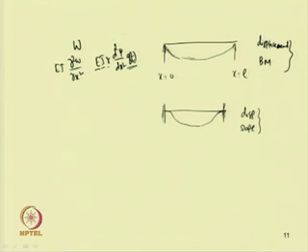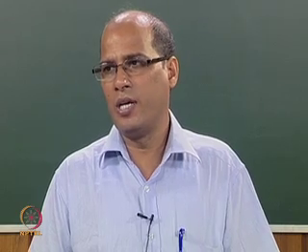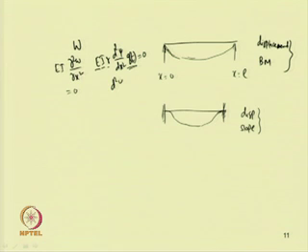For all times the bending moment will be equal to 0. So, one can write EI R d square psi by dx square into Q(t) equal to 0. For all time Q(t) will not be equal to 0, so this becomes d square psi by dx square equal to 0.